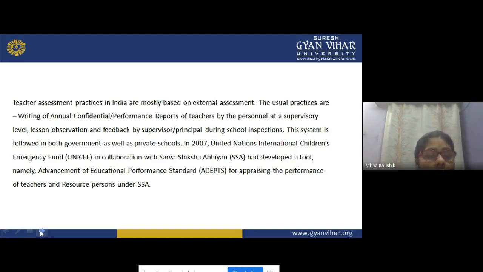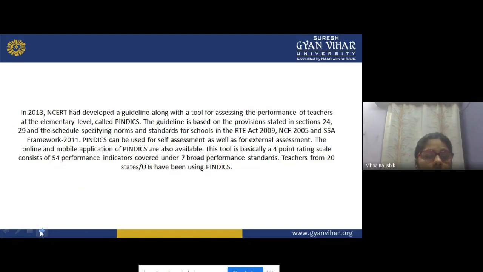For appraising the performance of teachers, how the teacher is teaching, resource persons under SSA were used.